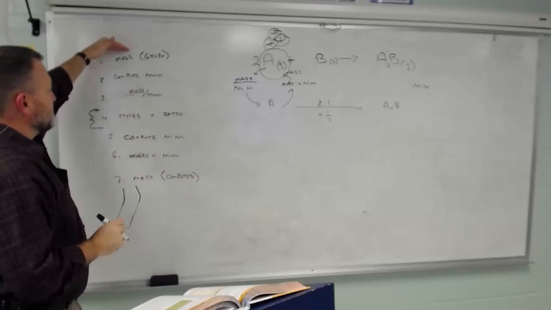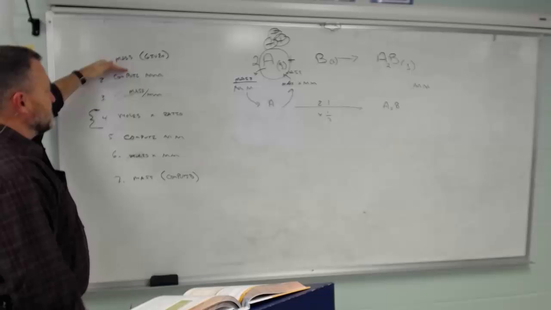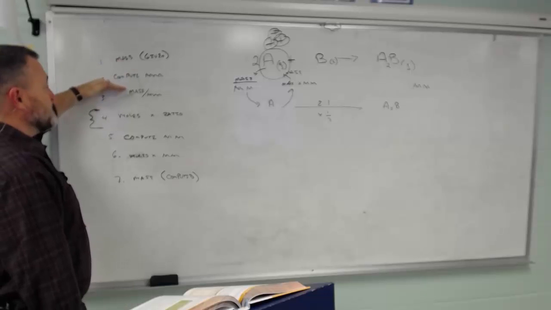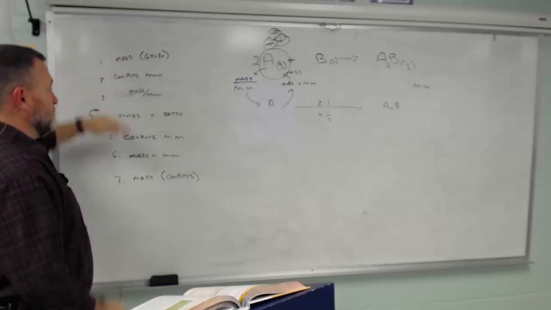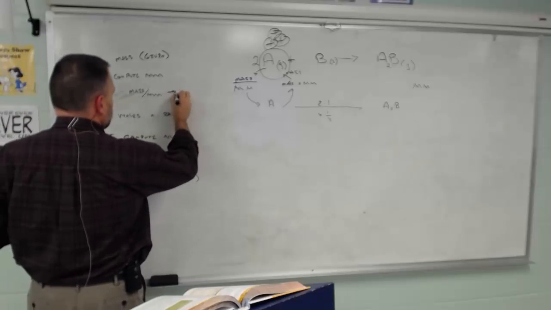A given mass for a molecule, compute the molar mass of the molecule, take the mass divided by the molar mass of the molecule. That'll give you the number of moles.